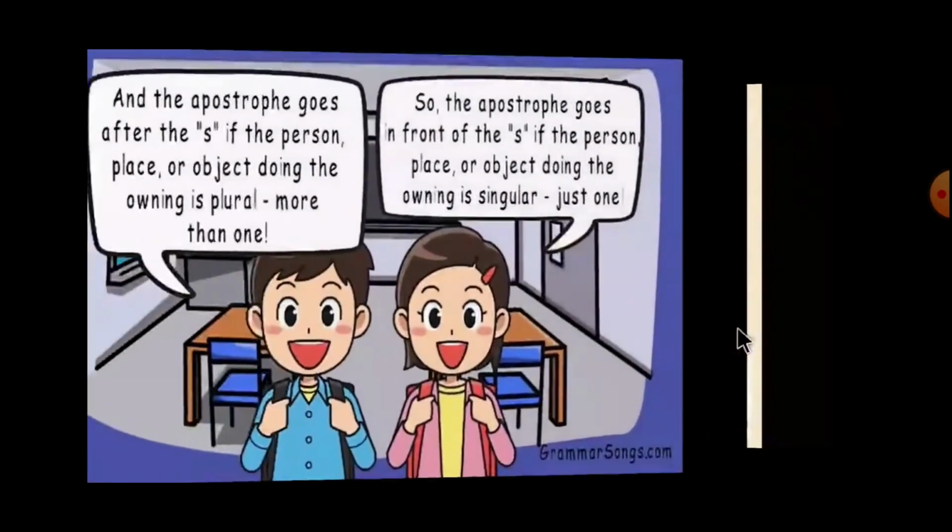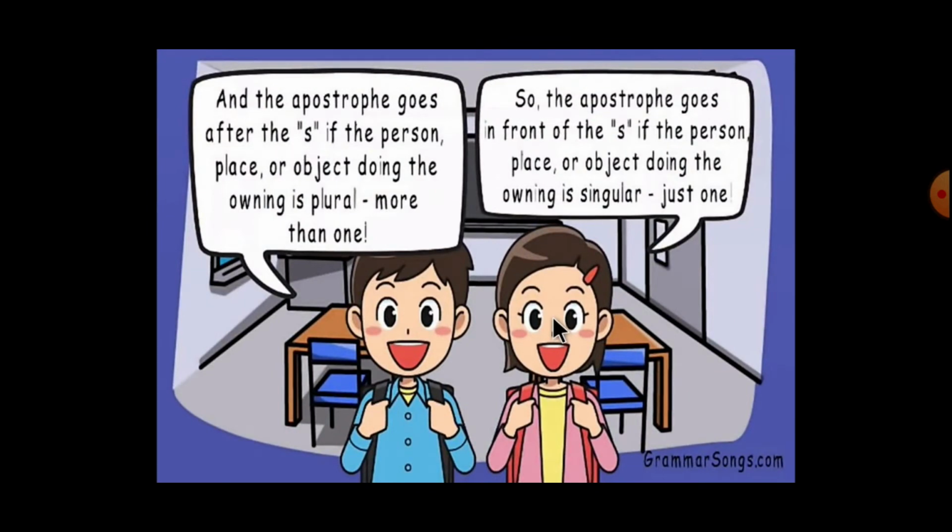Now from these few rules we can understand that the apostrophe goes in front of the S if the person, place or object owning is singular. If the noun is singular, we put first apostrophe and then S. And the apostrophe goes after the S if the person, place or object owning is plural.